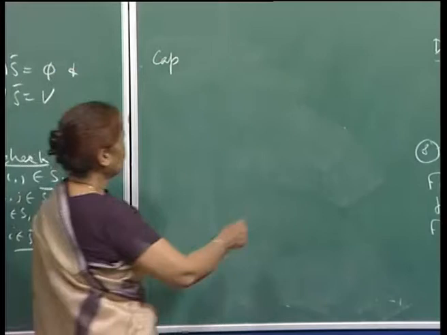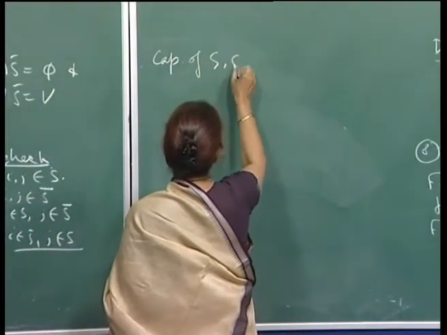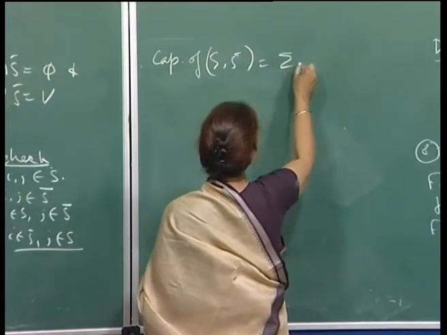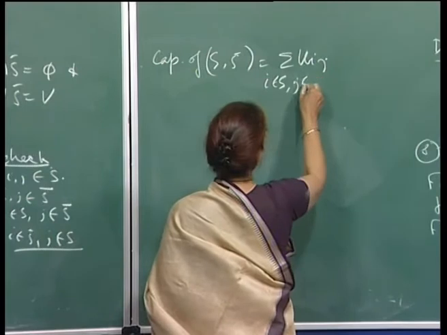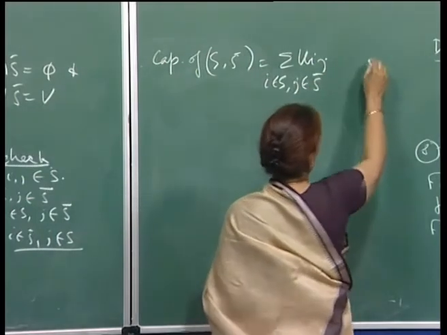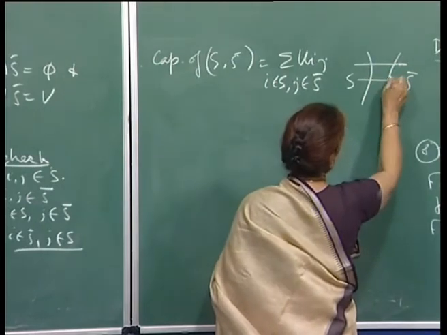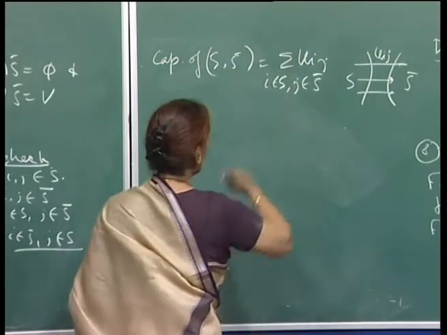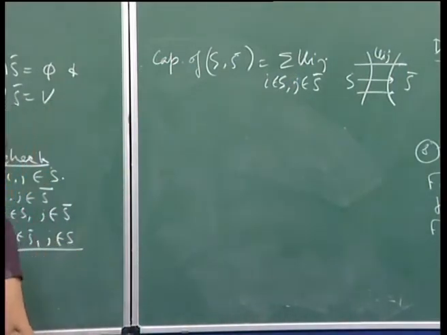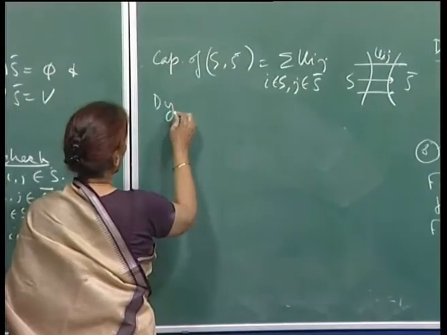So the capacity of the cut S, S bar is the summation of uij, i belonging to S and j belonging to S bar, because you have S and S bar like this with uij. That will be the objective function value for this dual feasible solution.